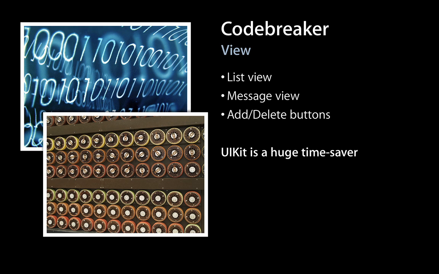Particularly a program like this, you probably want to focus in more on that model, on that crypto behavior, and less on how things look. You probably want your application to look standard so people are familiar by just looking at it about how it might work. So again, lean on UIKit as much as you can for common view-related behaviors.